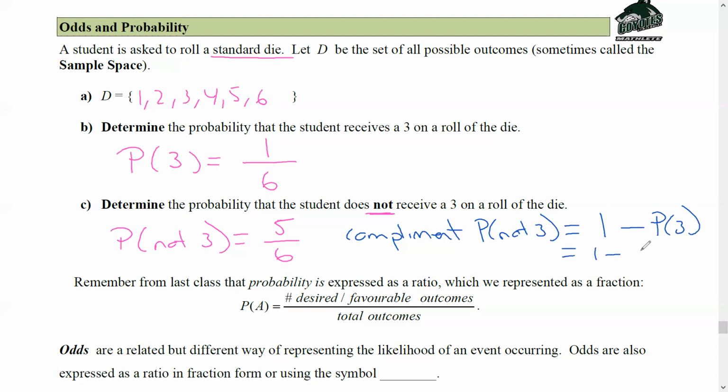So 1 minus 1/6, and guess what? 5/6. So the complement is still going to be something that we might want to consider. So 2 different ways to get the answer there.